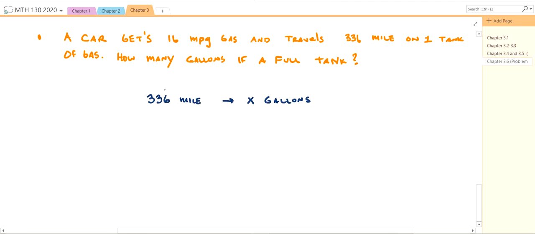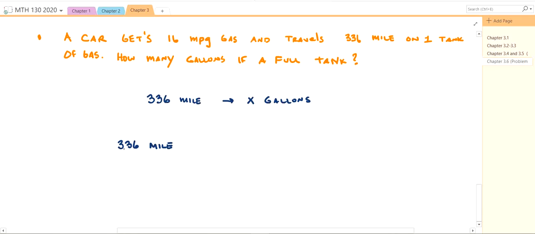I'm saying I'm going to convert 336 miles into X gallons of gas. Well, not only can we use the algebra techniques we learned for numbers and variables, we can also use it for units. Let me show you how that might happen here.